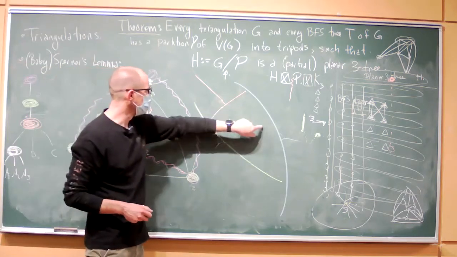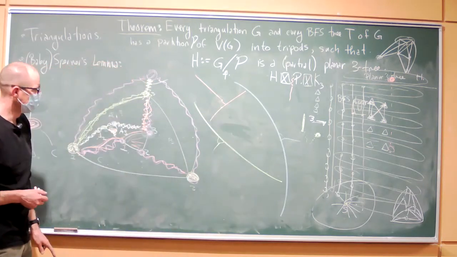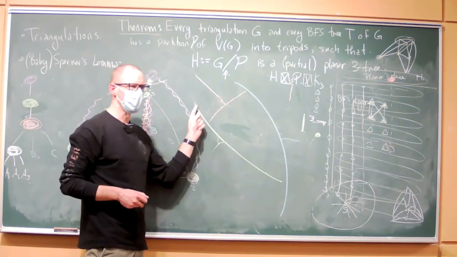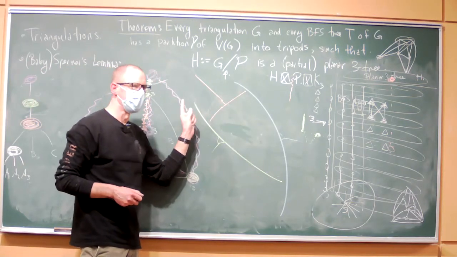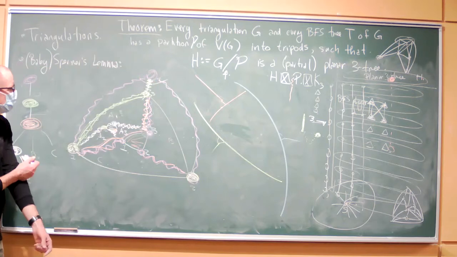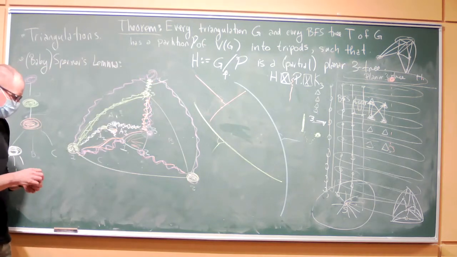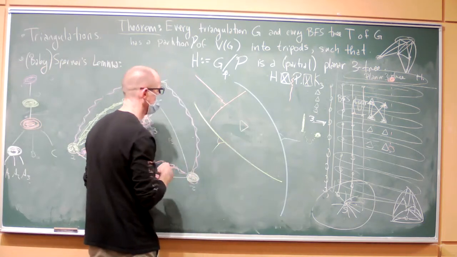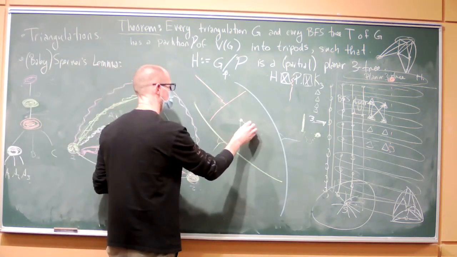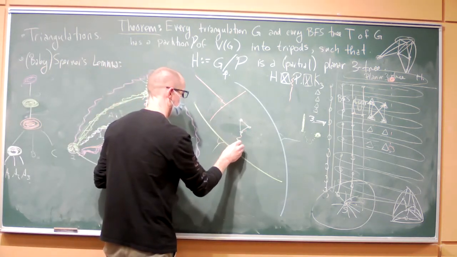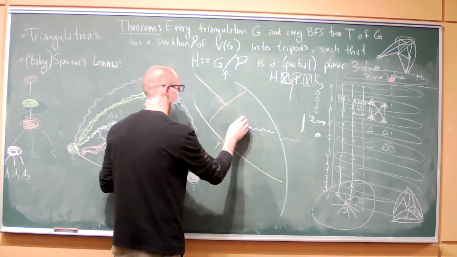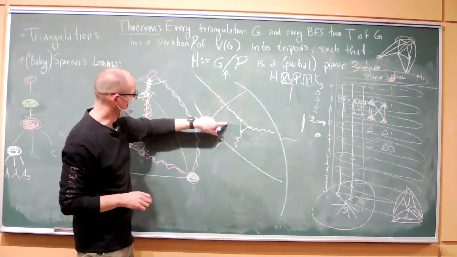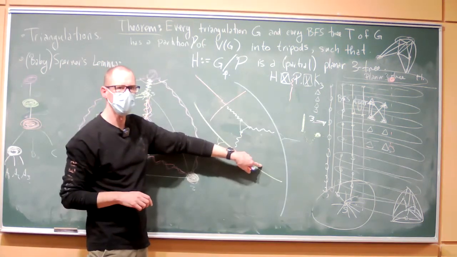There are still vertices in here, and so I still need to decompose this. But on the boundary of that face, there are exactly 3 tripods that contribute to it, 3 or less. And if it's less, then it's just easier to manage. And so then I go and find my Sperner triangle, which leads me back to these locations and leaves me with 3 subproblems, this one, and this one.